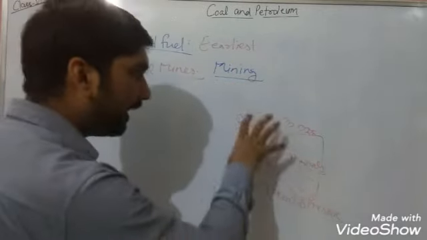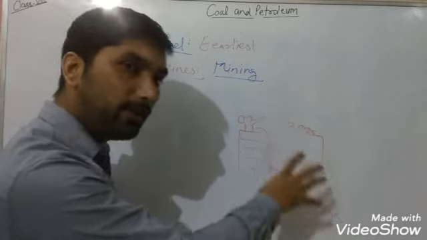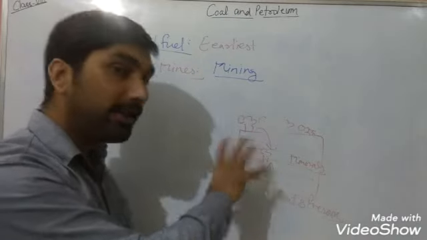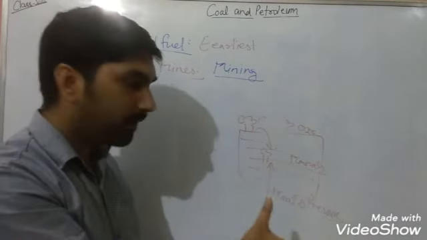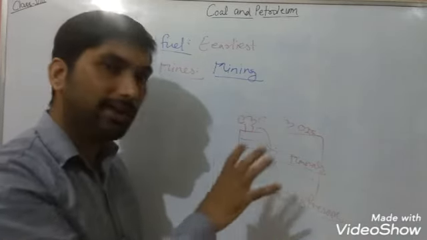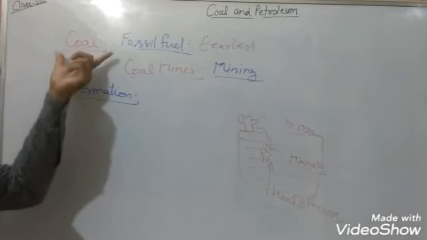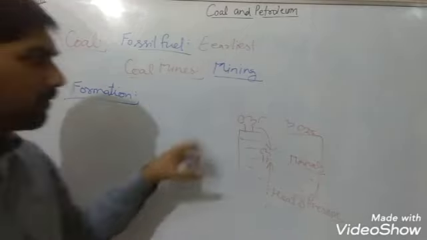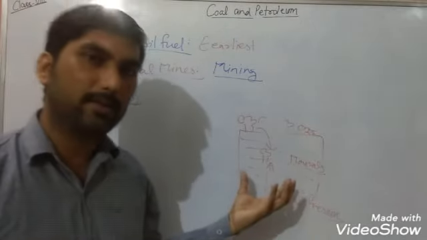So the plants and animals which got buried deep inside the earth take millions of years to convert into the form that we observe today as coal. So this was a slight history.